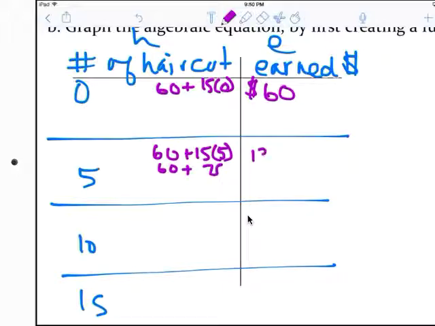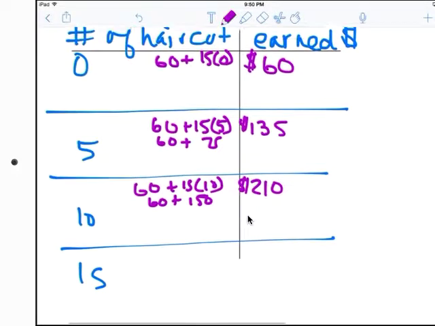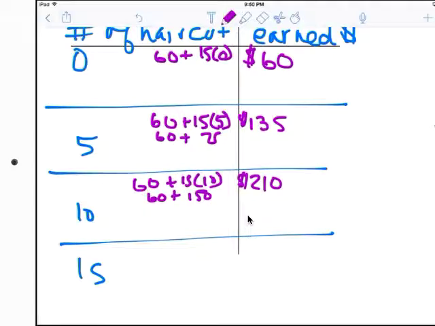That's $135. 60 plus 15 times 10. It's 150 plus 60. You get $210. So 60 plus 15 times 15, which is 225, plus 60, you get 285.